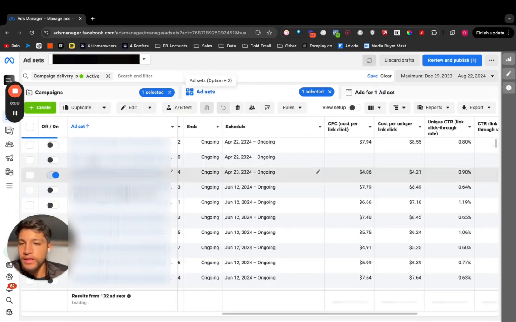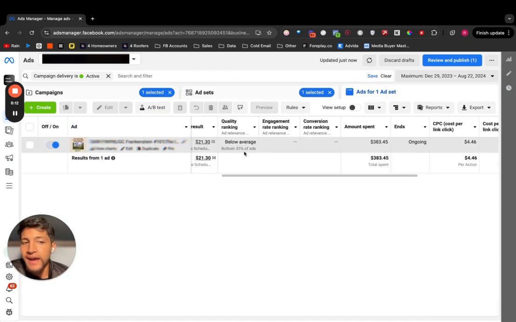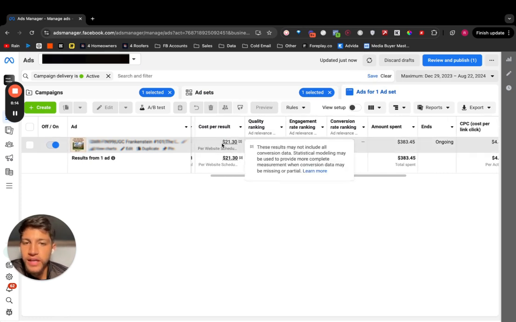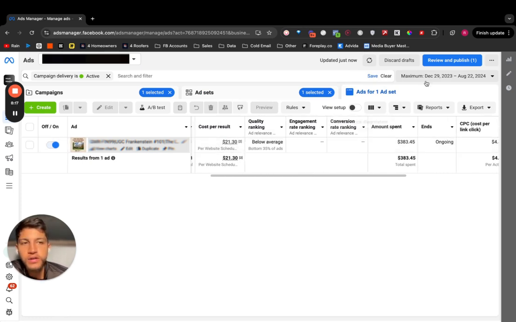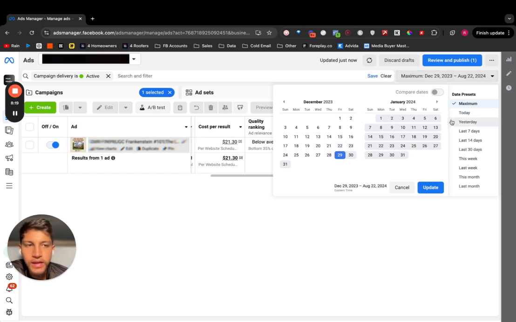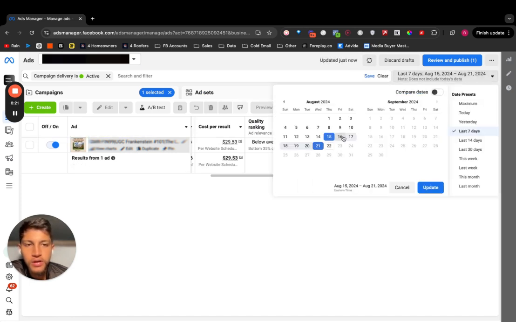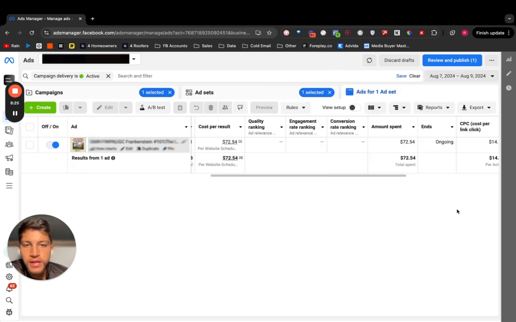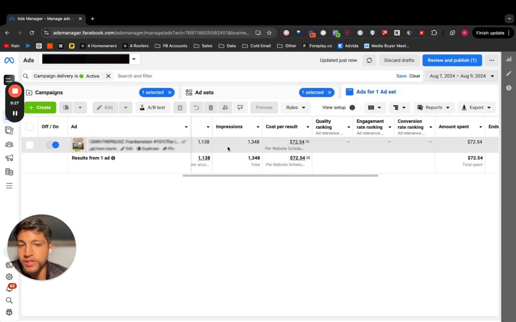Now, if we go back to the other ads that I was showing you here, this ad was performing very well. It was within KPI. It was $21 a lead, and it initially saw those as well within the first 3 days. It was actually not doing super well. And so this is why it's important to have the different KPIs.